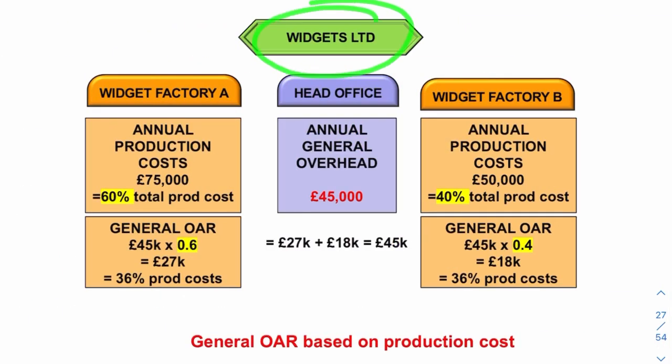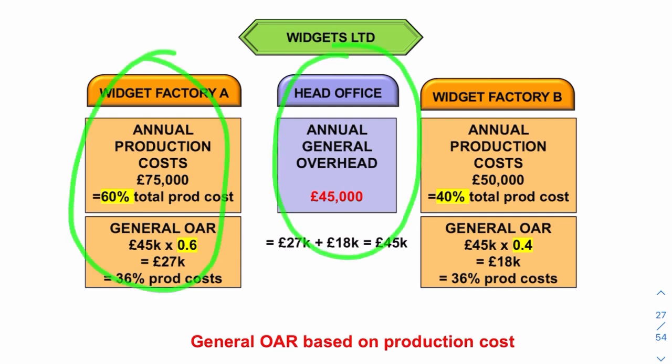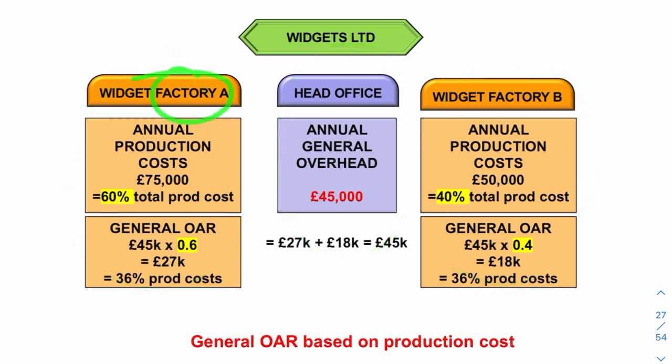Say my company has a head office and it's got two factories, Factory A and Factory B. This could be a large multinational company that has a head office in California and factories in Europe and Brazil or in China and Europe. So it could be a company like Tesla with a large head office and different factories around the world.